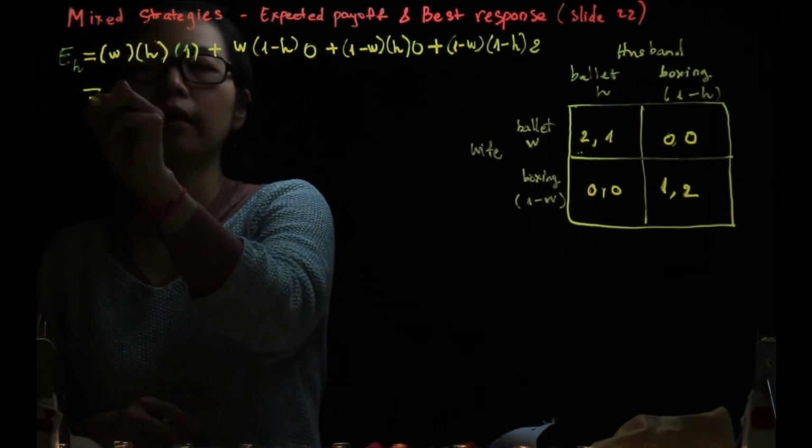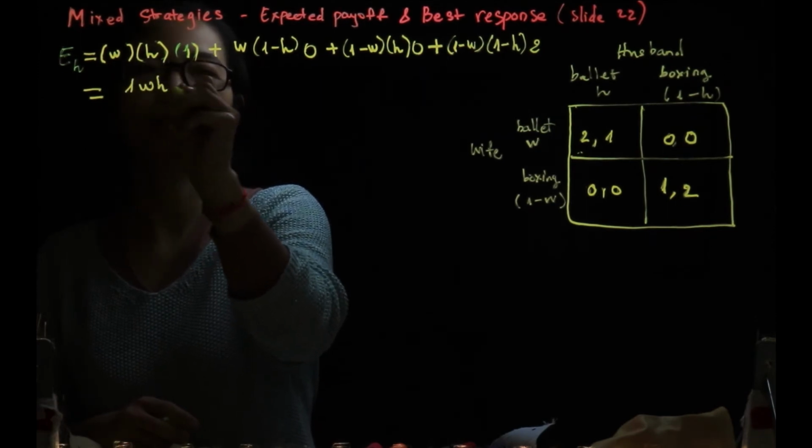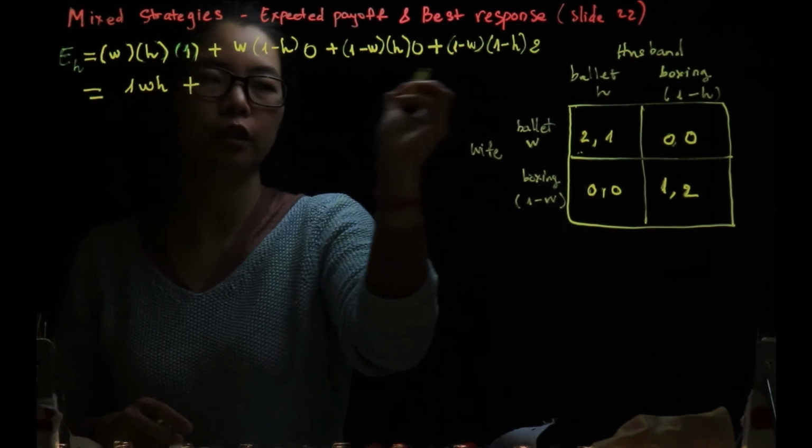Then you have here WH plus 0, 0, ignore it.